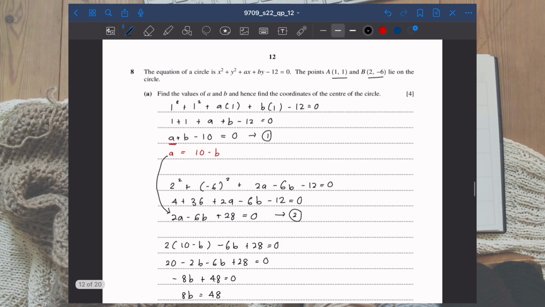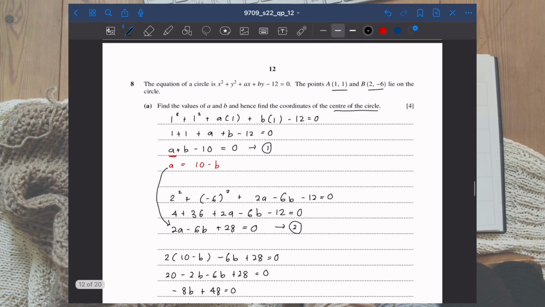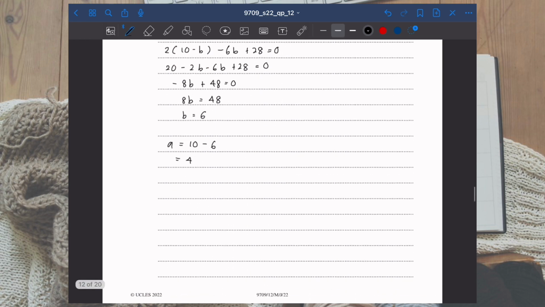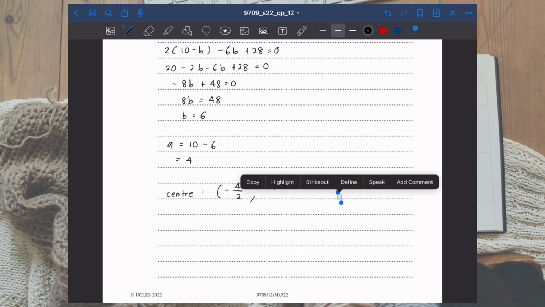So to get the center of the circle, the x coordinate will be our -A/2, and our y coordinate for the center of the circle will be our -B/2. So we have our A, which is 4, so it'll be -4/2, and our y is 6, so it'll be -6/2.